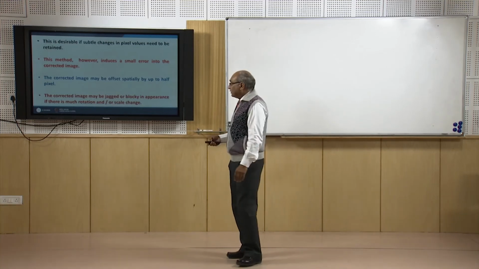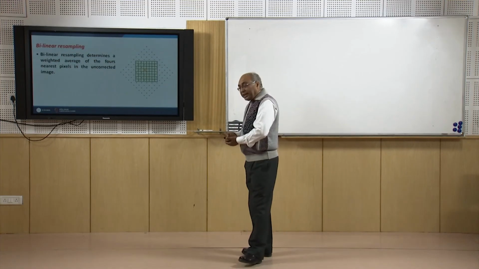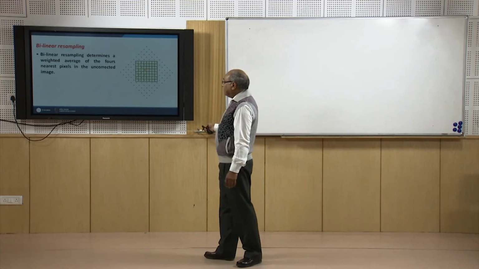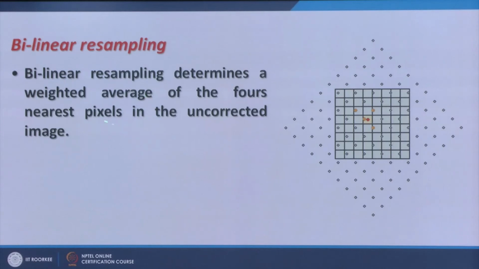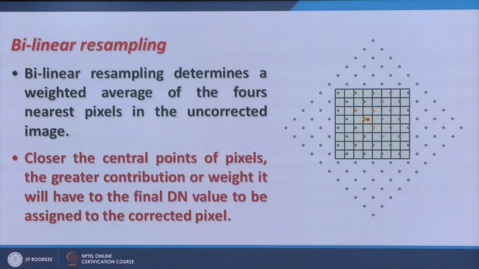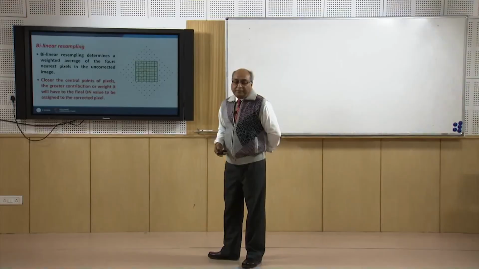Now bilinear, the second one as mentioned, determines a weighted average of the 4 nearest pixels in the corrected image. And the closer the center points of the pixel, the greater contribution or weight it will have for the final digital number or pixel value assigned to the corrected pixel.